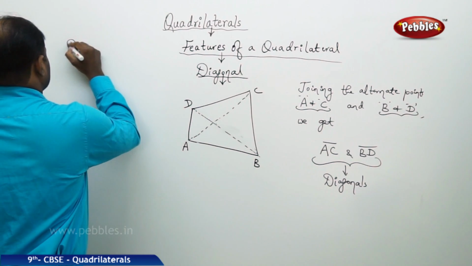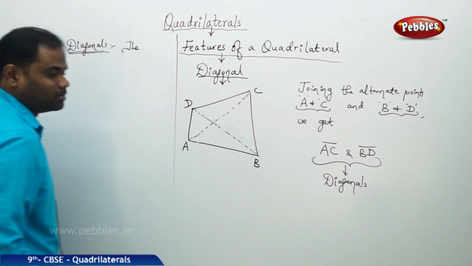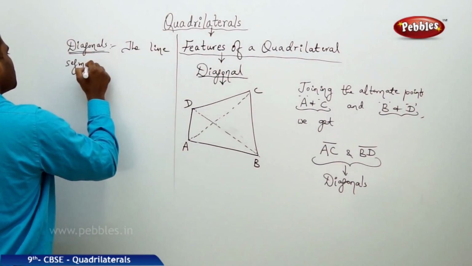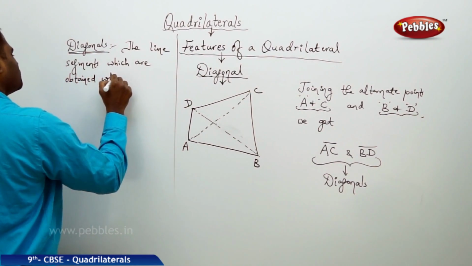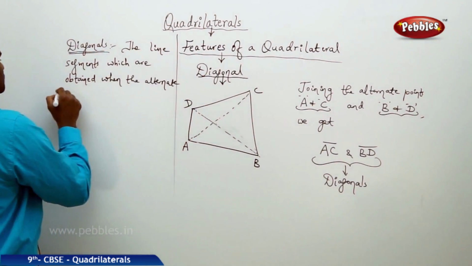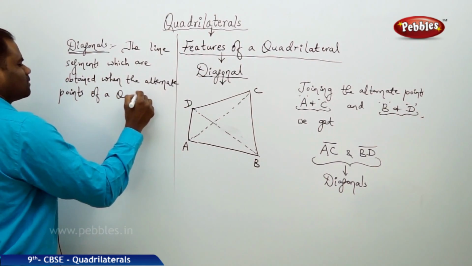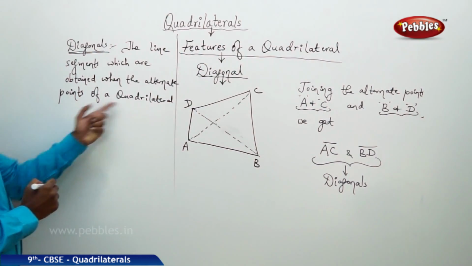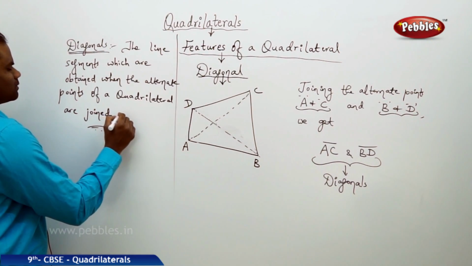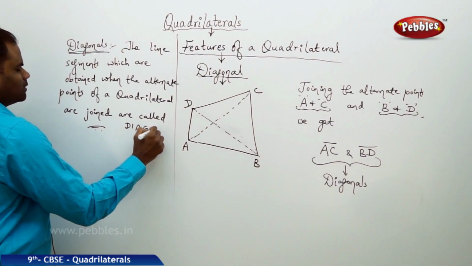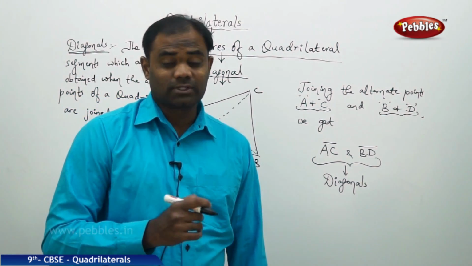So in this case, diagonals are defined to be the line segments which are obtained when the alternate points of a quadrilateral are joined. This is how I understand the diagonal in a four-sided figure.